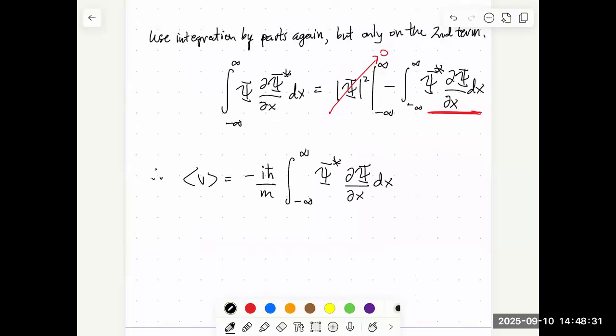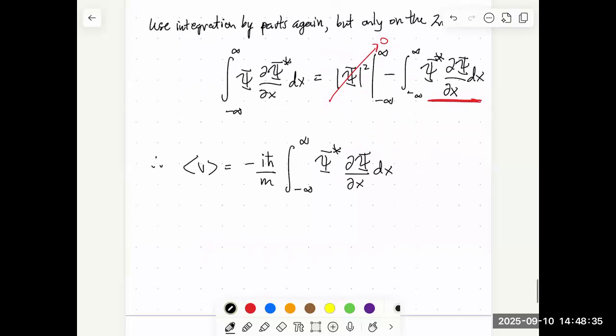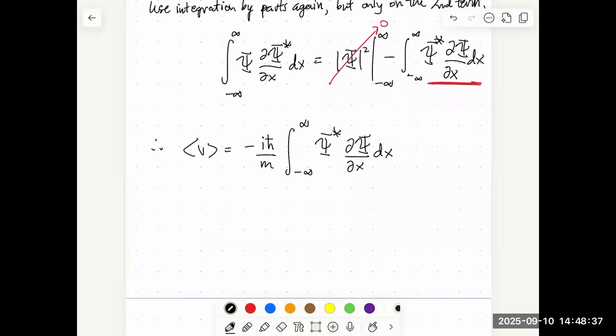All right, so what we can do is, it's more conventional to write the expectation value of the momentum as m times v. And so that's minus i h bar. There's no m now. We moved it over here.